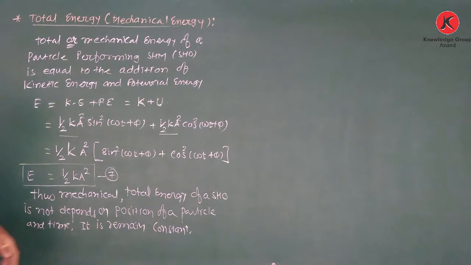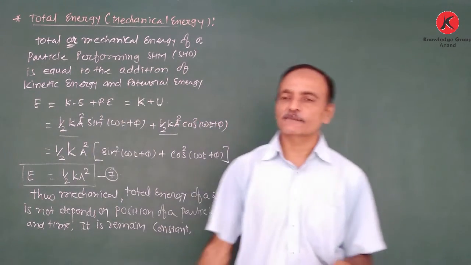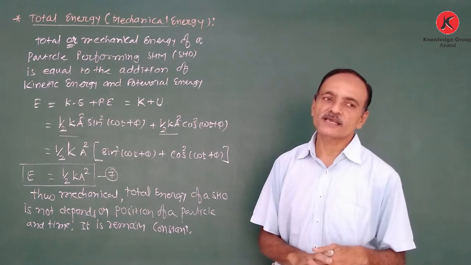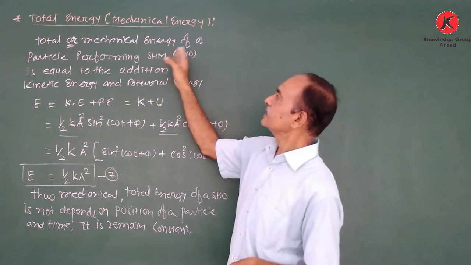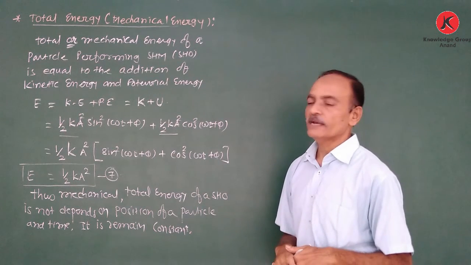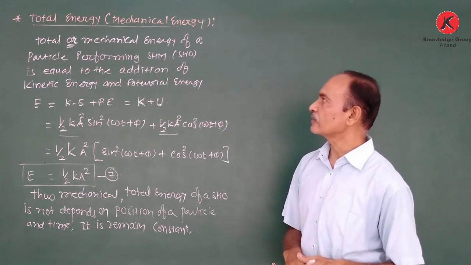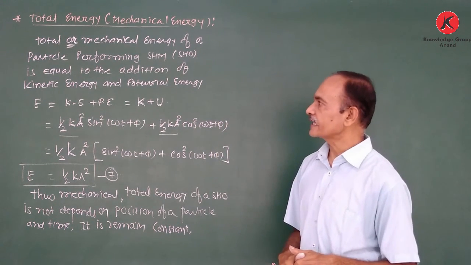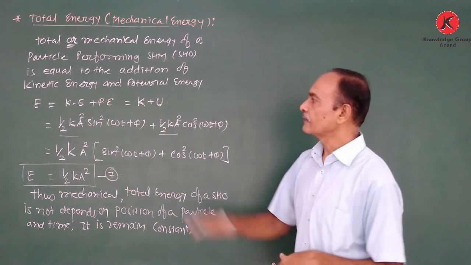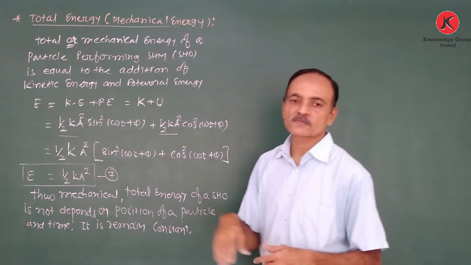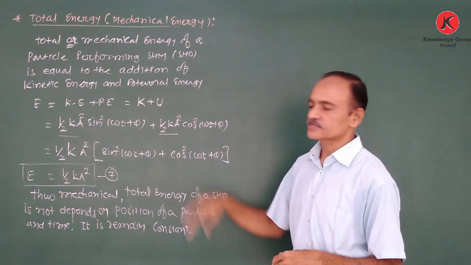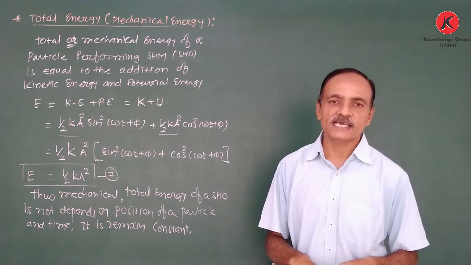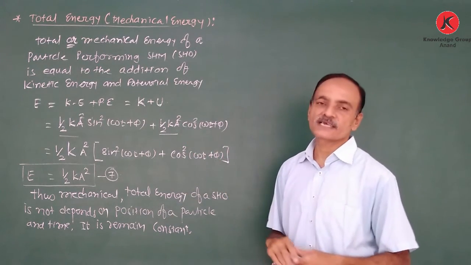Now we only have to make the addition of the kinetic energy and potential energy to obtain the equation of the mechanical or the total energy. Total energy or the mechanical energy of a particle performing simple harmonic motion is equal to the addition of kinetic energy and potential energy. Therefore, E is equal to K plus U. Now we substitute the value of the equation of kinetic energy and the equation of potential energy.